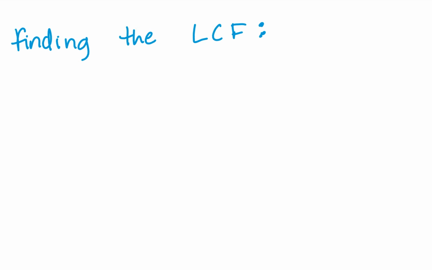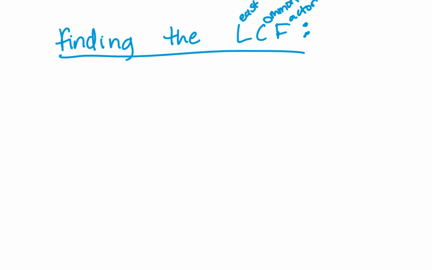Today we'll be talking about how to find the least common factor. Now, I stated it as LCF because that's abbreviated. Least common factor. Now, finding the least common factor, what it is exactly, is a number that is given, whether it's one number or multiple numbers.